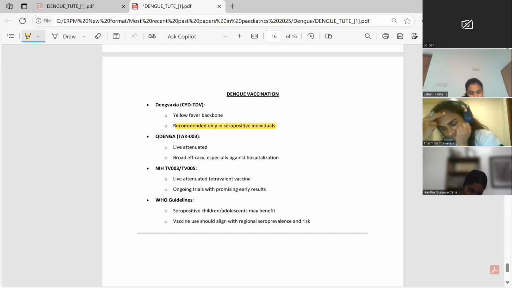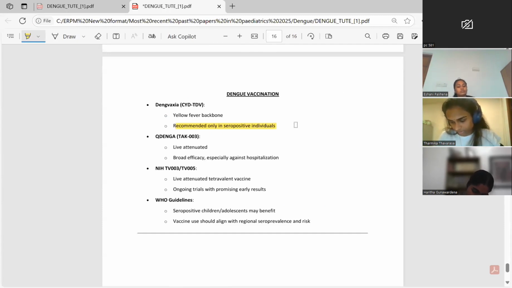The WHO recommendation is to give the dengue vaccine to seropositive children. None of these vaccines protect against all four serotypes, and some are in ongoing trials.